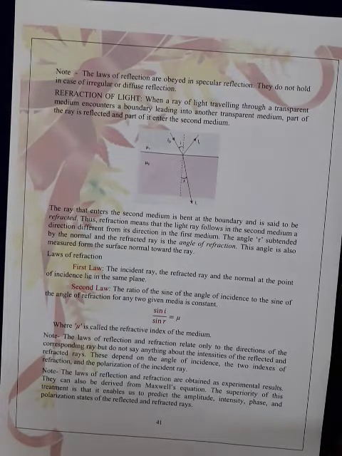Refraction of light. When the ray of light traveling through a transparent medium encounters a boundary leading into another transparent medium, part of the ray is reflected and part of it enters into the second medium.